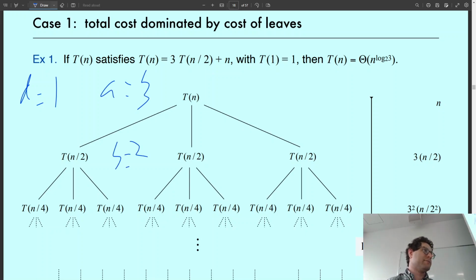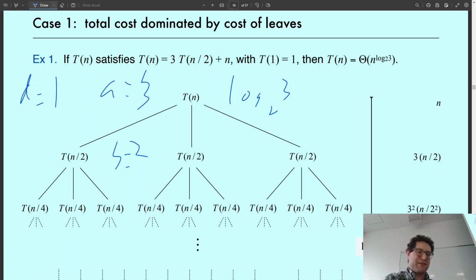Using the formula presented in the textbook for divide and conquer algorithms, we can safely say that log base B of A, log base 2 of 3, is greater than 1, because log base 2 of 2 is 1 and log base 2 of 4 is 2, so this is safely between 1 and 2.